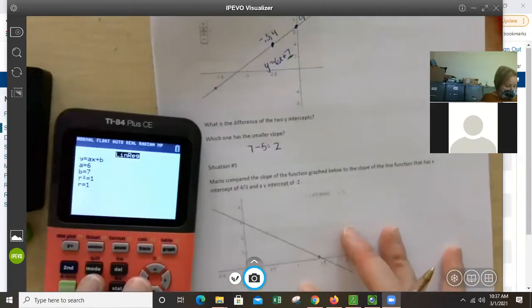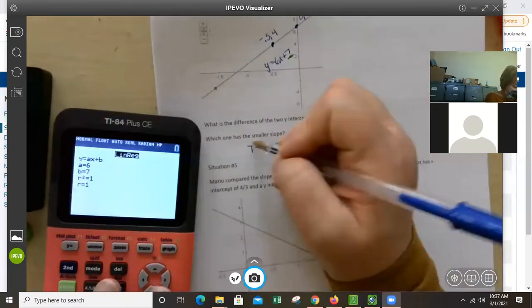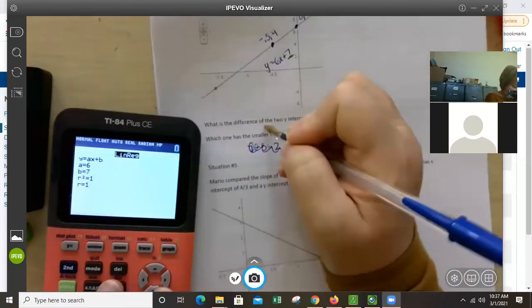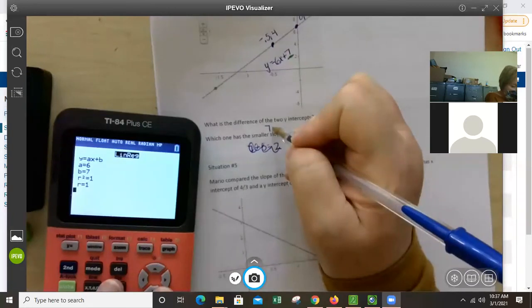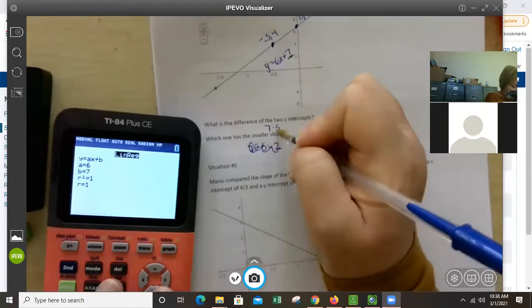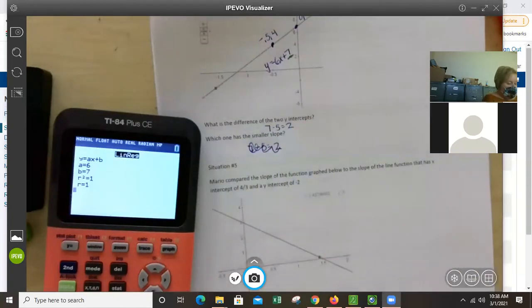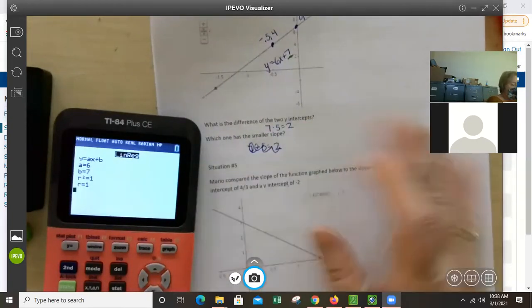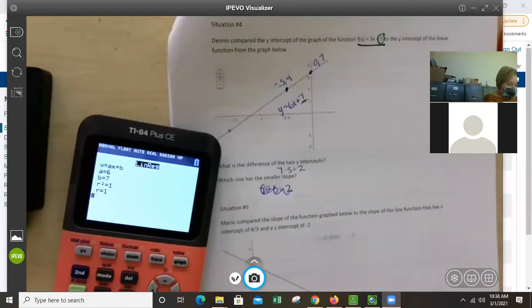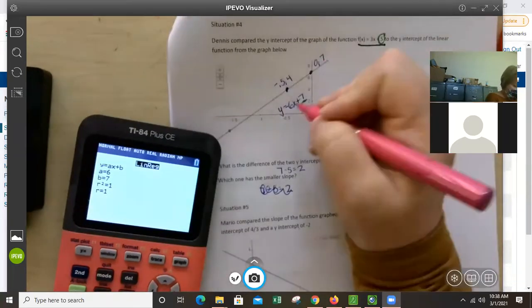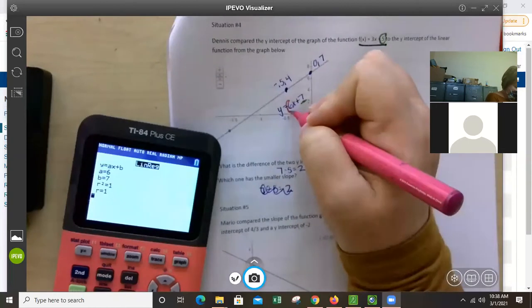Then the next one says, which one has the smaller slope? Looking at the slope, let's look at the slope of this one. This is 6.